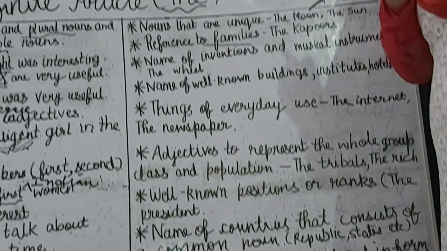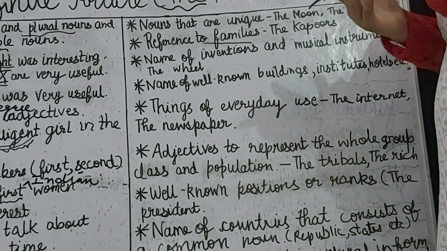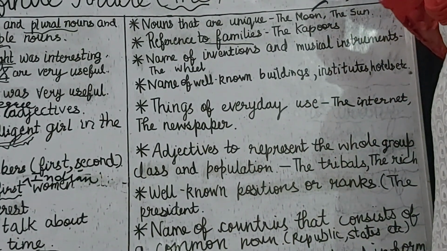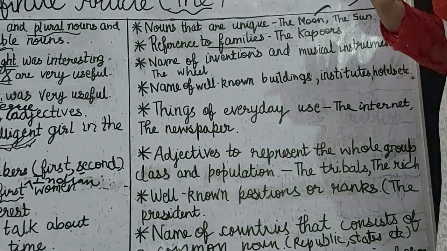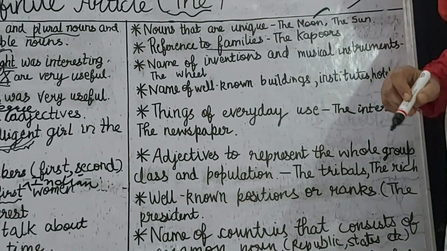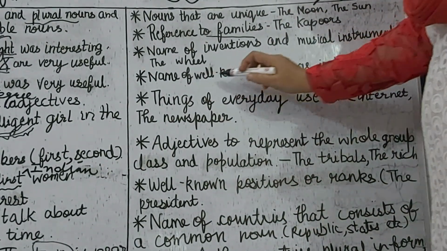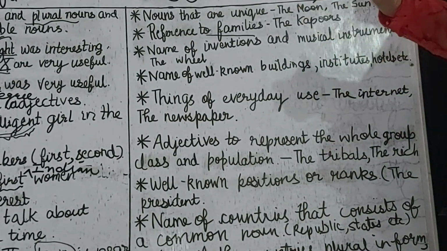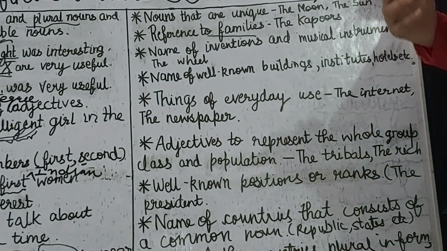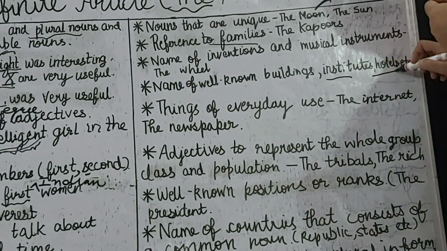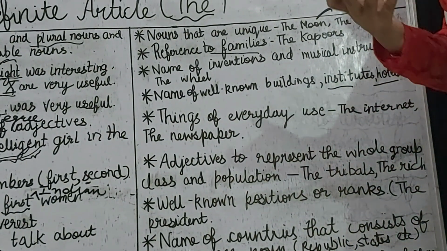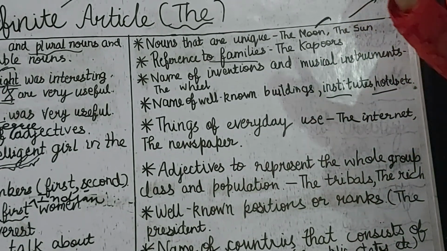But remember, when we use it in a general sense, we don't use the definite article. But when we use it in a specific sense, then only we use the article with all these. Names of well-known or historical buildings like the Taj Mahal, institutes, hotels, zoos, museums, universities.